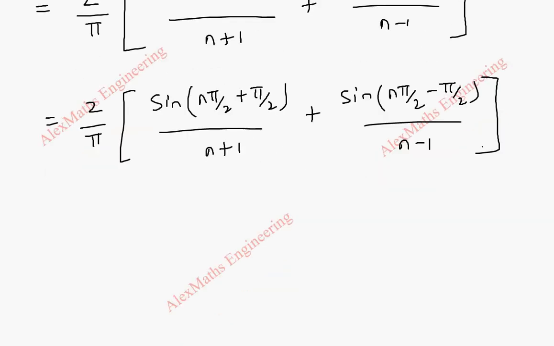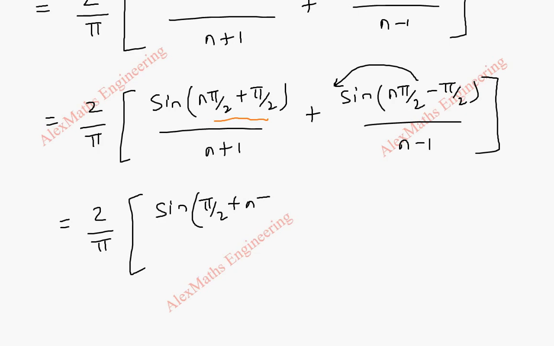Now we are going to take the minus sign common and write it here. So this is 2 by pi sine of, we are going to interchange these two. That is, first I am going to write pi by 2, then n pi by 2, by (n plus 1). After taking the minus sign outside, this becomes sine of minus (n pi by 2 plus pi by 2). I am going to write pi by 2 first, then minus n pi by 2.